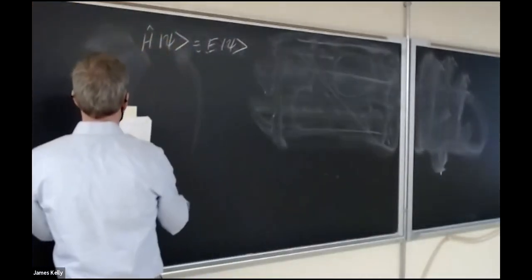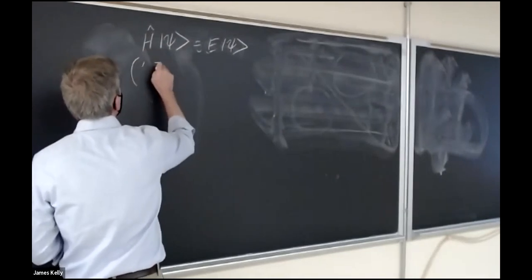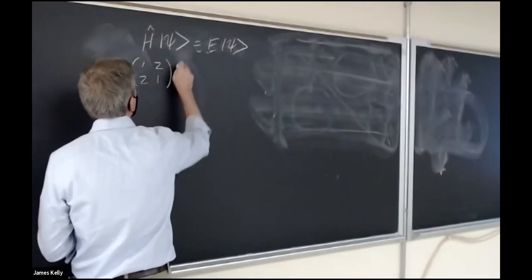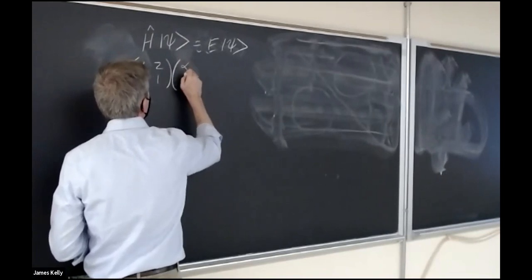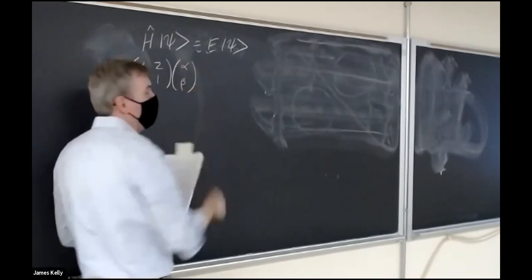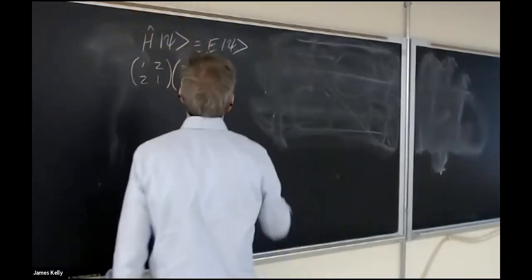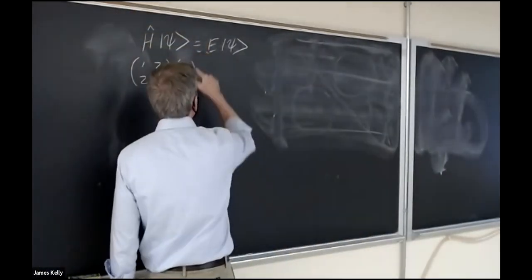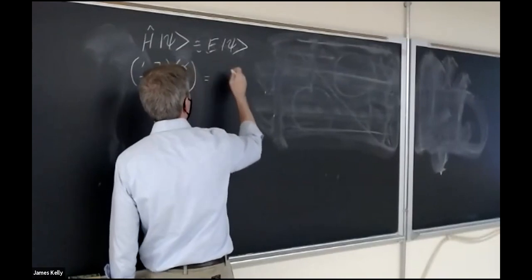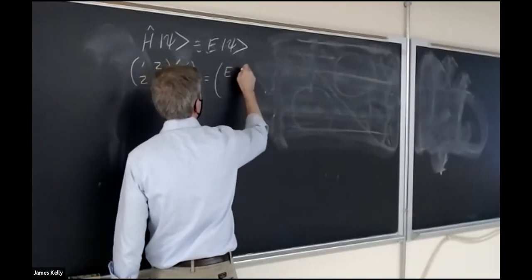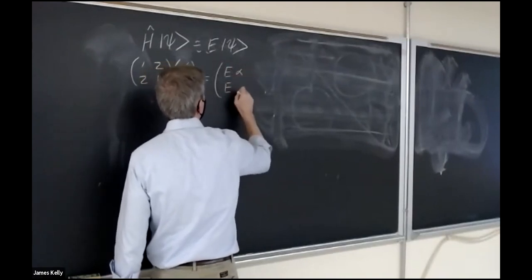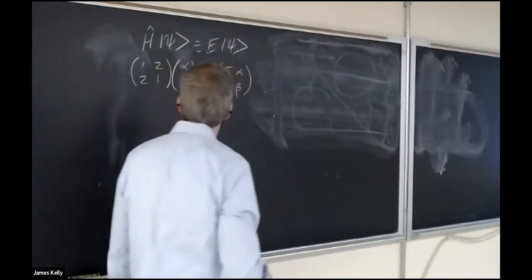So I have 1, 2, 2, 1 times some unknown alpha, beta that I want to find. And that has to be E times alpha, beta, right? I'm just going to write that as E times alpha, E times beta.